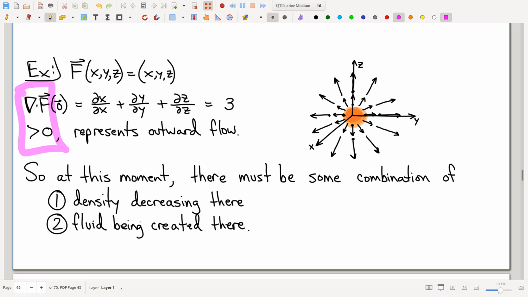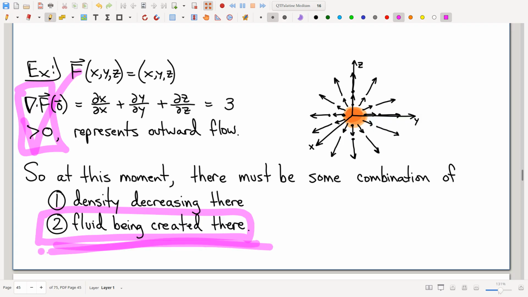So that's this other interpretation, right? When you have positive divergence, if it's a light bulb that's creating that positive divergence, it's because you're creating fluid. You're not losing density. You're creating fluid. Totally different interpretation, because it's a totally different physical scenario.